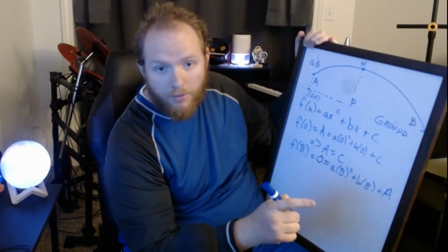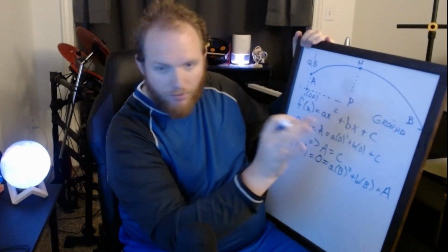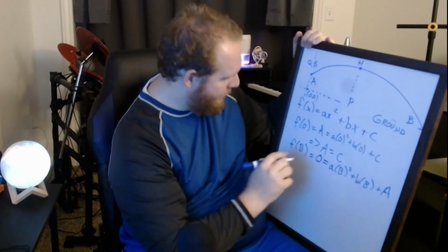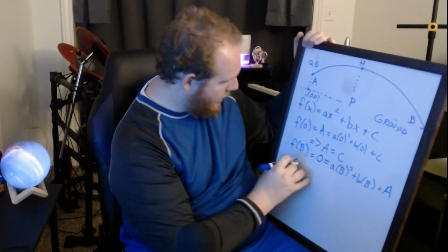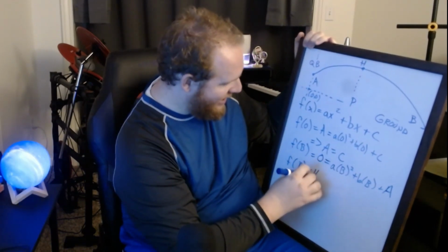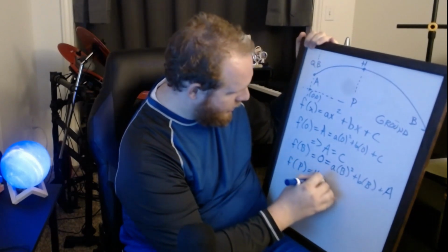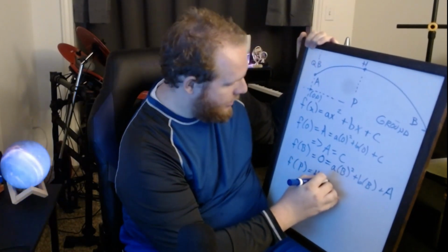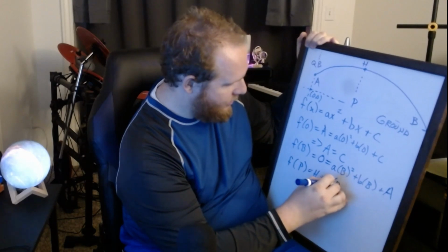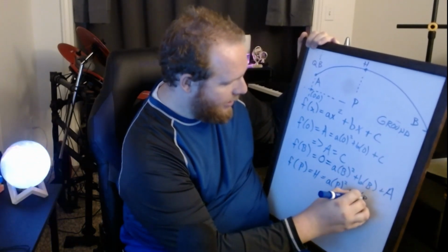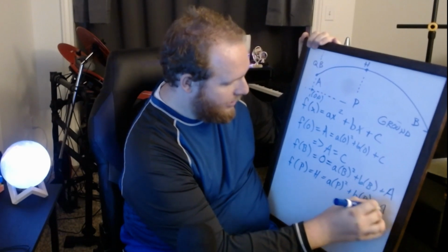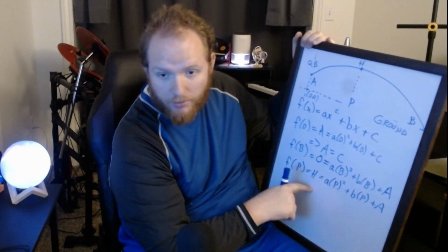And then the only other part, let's assume we have values for, are this P and H. So f of P, at peak distance, reaches max height H. Then we know that a times P squared plus b times P plus big A has to all equal H right there.